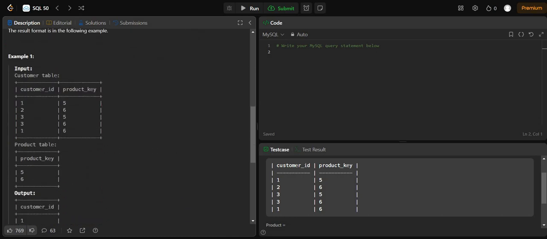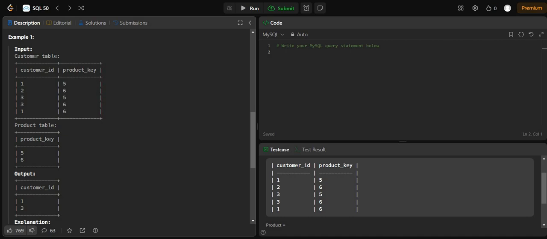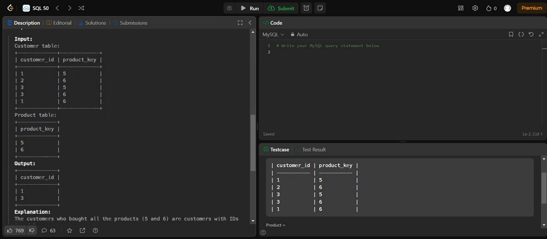If you look at the example over here, we have a customer table and a product table, and here are customer IDs and here are product keys. In the product table there are only two product keys, that is 5 and 6, and in the customer table customer ID 1 and customer ID 3 include both the product keys. That means that customer ID 1 and customer ID 3 bought all the products from product table.